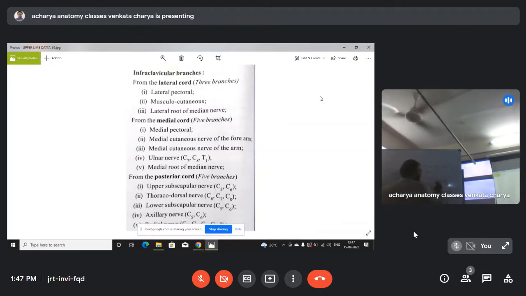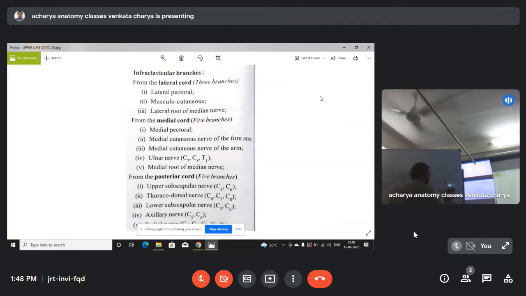Here, the posterior cord branches. First one is the upper subscapular nerve, 2 marks. Lower subscapular nerve is 2 marks.